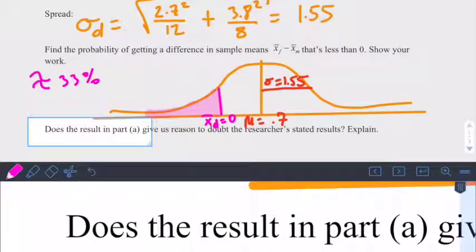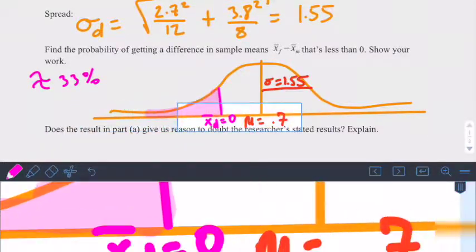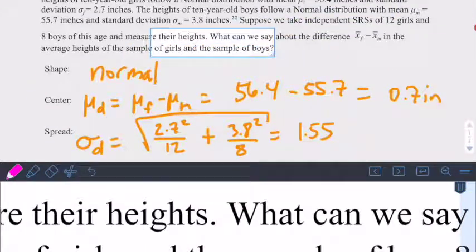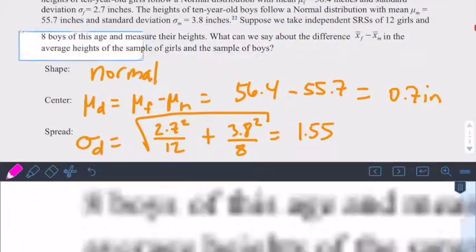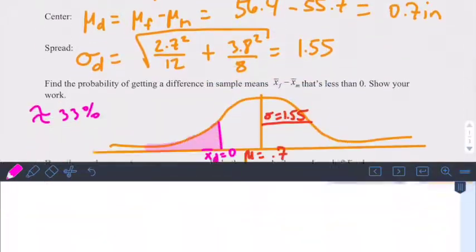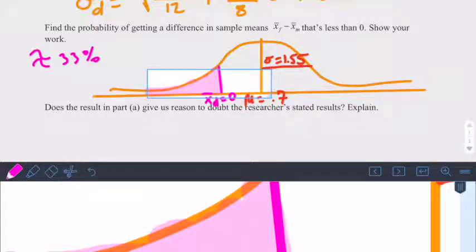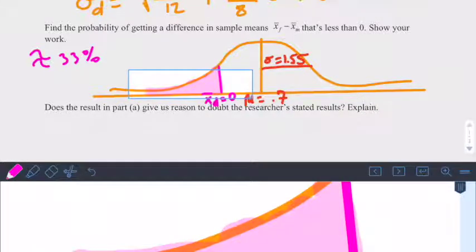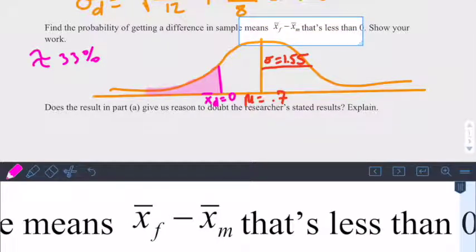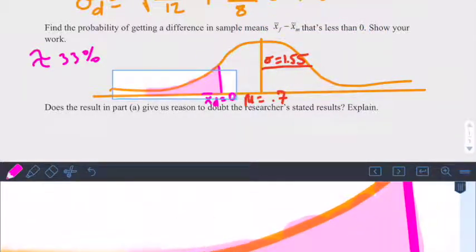So we want to know, do the results in part A give us reason to doubt the researchers' stated results? Well, we wanted to know what's the probability that the boys would be taller than the girls because it's a difference where the female minus the male is less than 0.